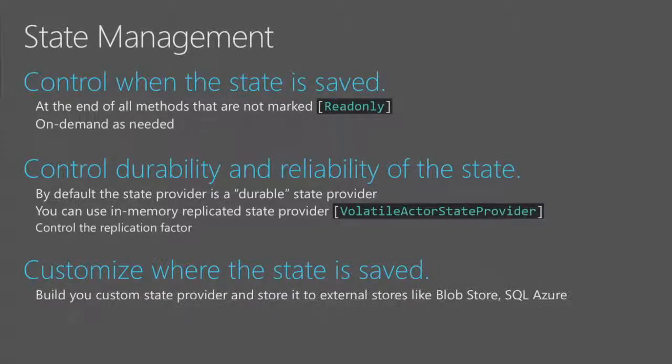We are looking at ways of providing it, but then it's kind of going into the realm of the reliable services API, where you can say that, hey, I can actually control the granularity at which I want to save. If you have designed your actor in a correct way, you typically would not end up in a situation where you are thinking, oh, I have a very large state, because by definition, actors are supposed to have a very small independent unit of state. Right?